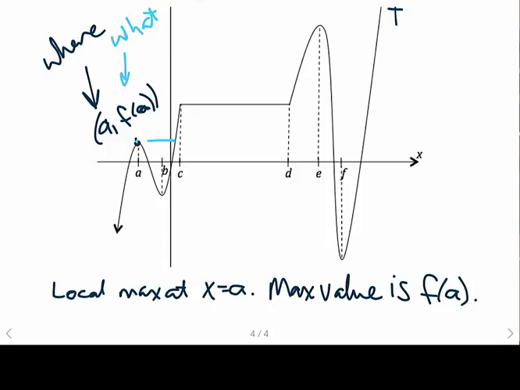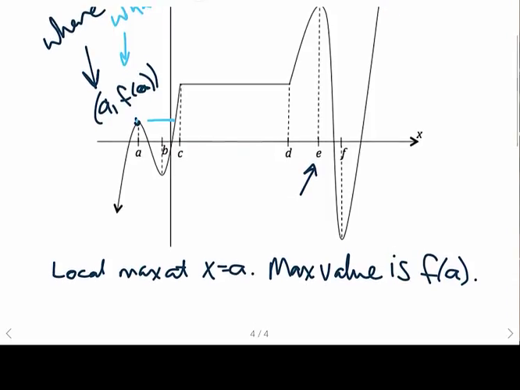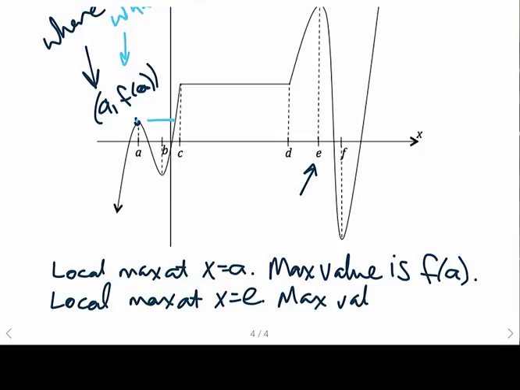Notice there's another local maximum at x equals e, and so we would similarly say there's a local maximum at x equals e, and that maximum value is f of e.